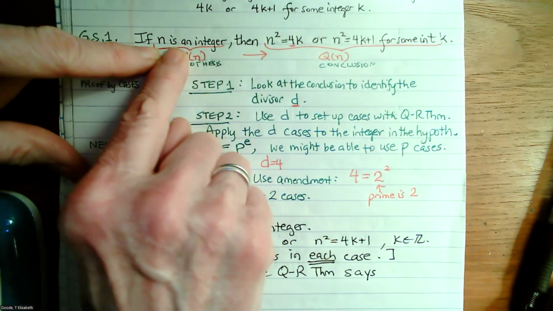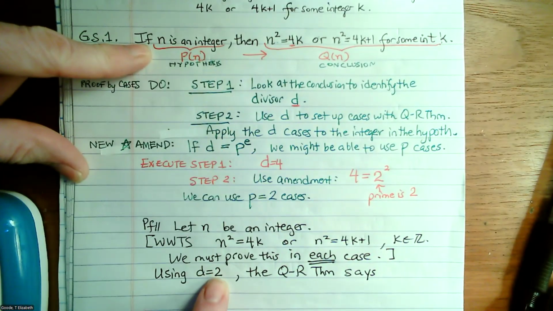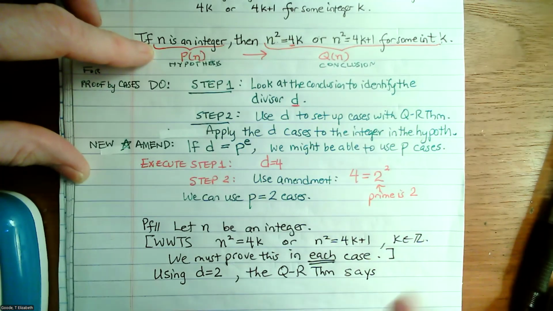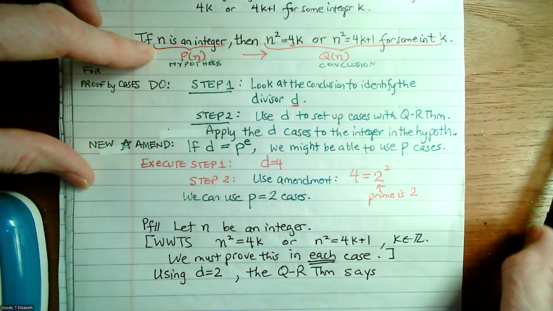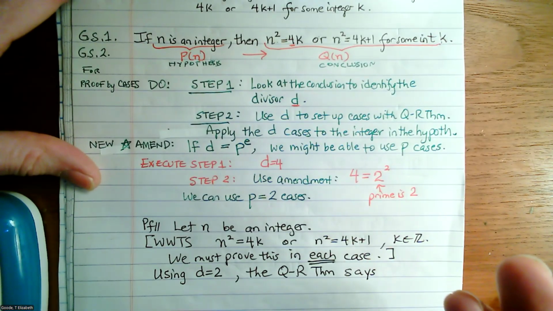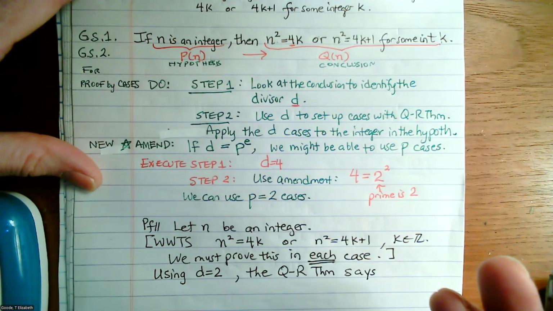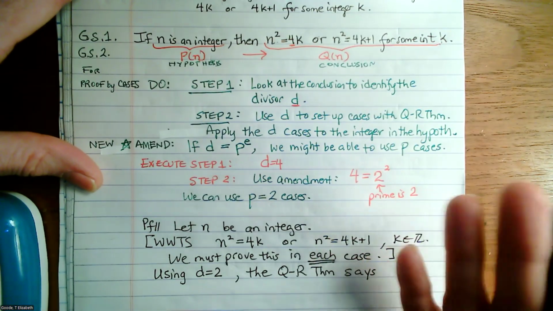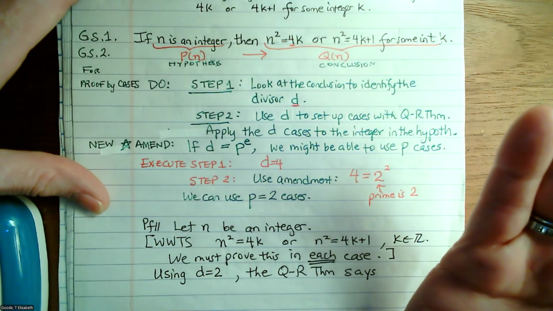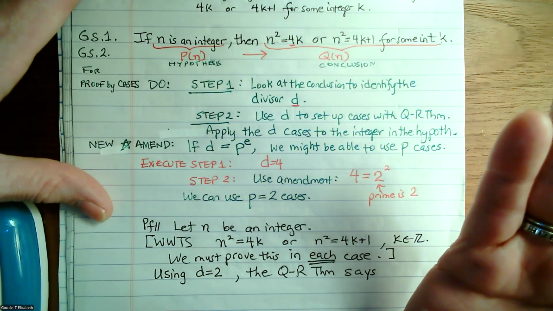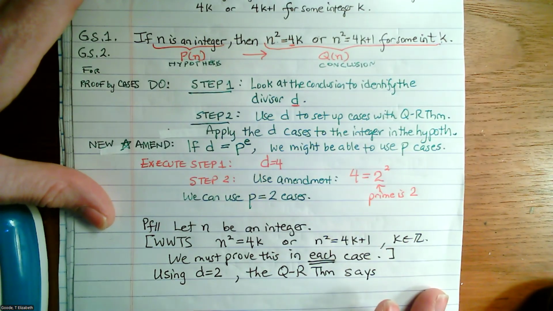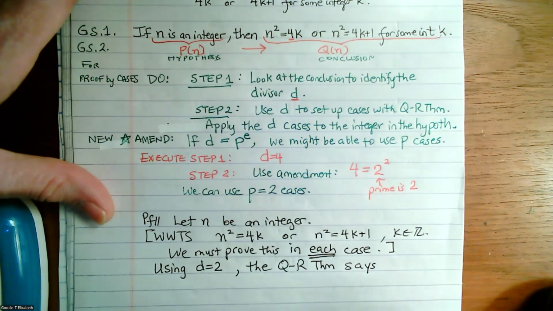So if we're dividing n by 2, the Q-R theorem says, hey, you can do that, guaranteed, and you will either get a remainder of 0, which means n is actually even, or you'll get a remainder of 1, because it could be that n is odd. We don't know. That's kind of the point. All we know about n is that it's an integer. We don't know if it's divisible by 2 or if it leaves a remainder of 1 when we divide it by 2, but we know for sure one or the other of those happens.